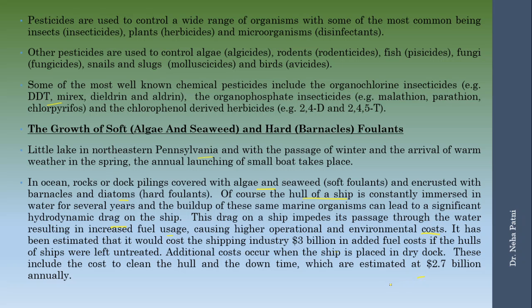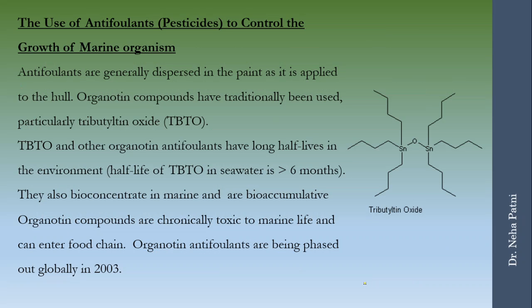So the safer solution is you use an antifoulant. Now what is the problem with antifoulants? Normally the antifoulant which was used earlier was an organotin compound, tributyltin oxide, TBTO. But TBTO has a long half-life and remains in the environment for more than 6 months. It can bioconcentrate in marine life, and that is why it is toxic to them.